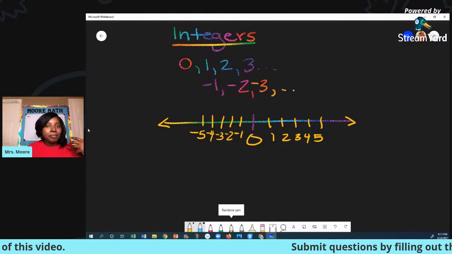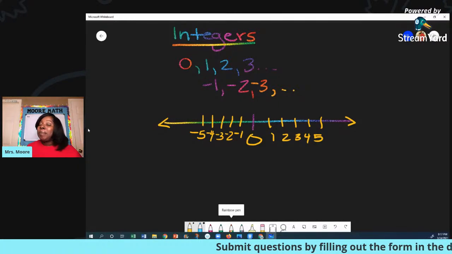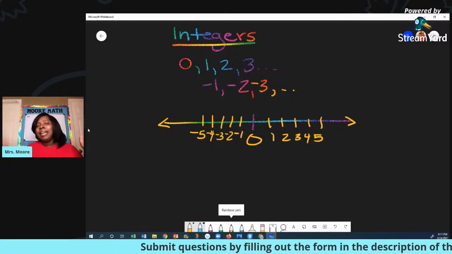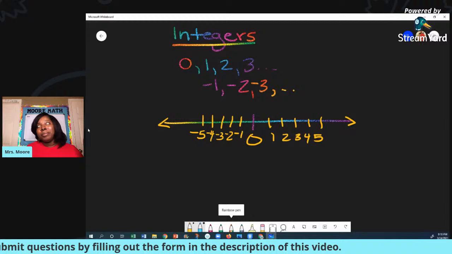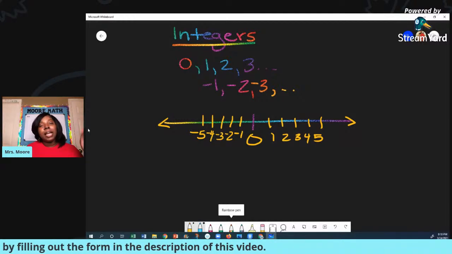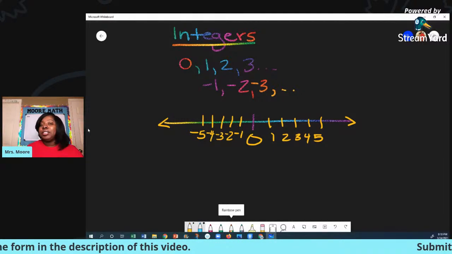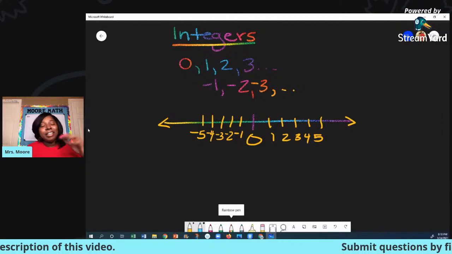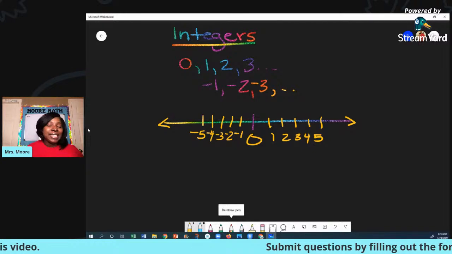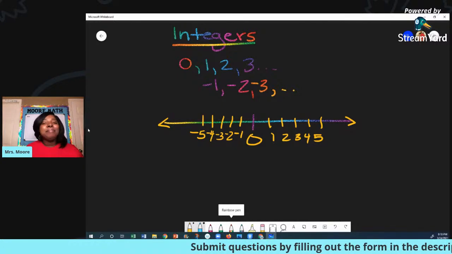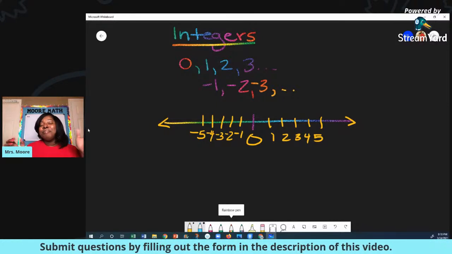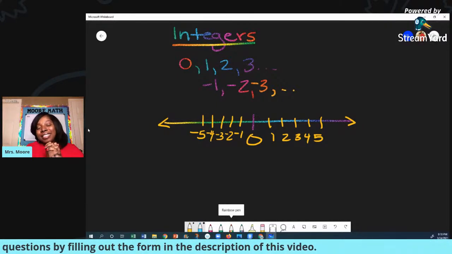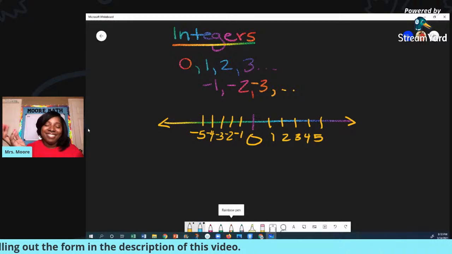But here's the thing. Integers by themselves are easy and simple. If I teach you adding integers, you're going to say, Miss Moore, so easy. I teach you subtracting integers, you've got this. Multiplying and dividing have the same rules. Easy by itself. Here's the issue: remembering all the rules and not confusing them.